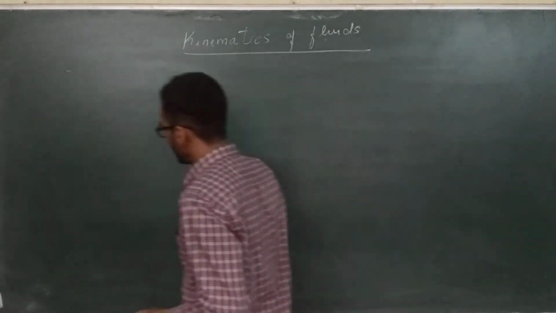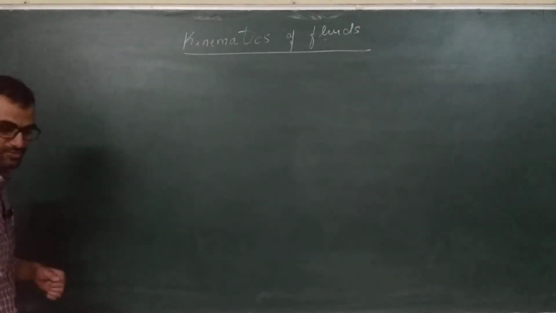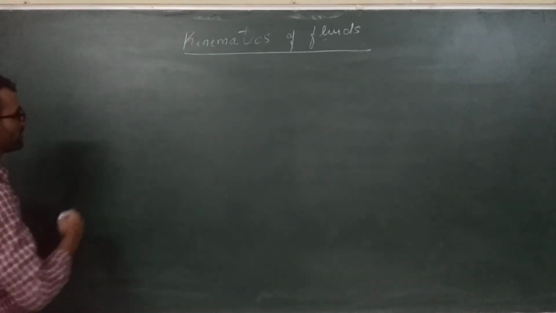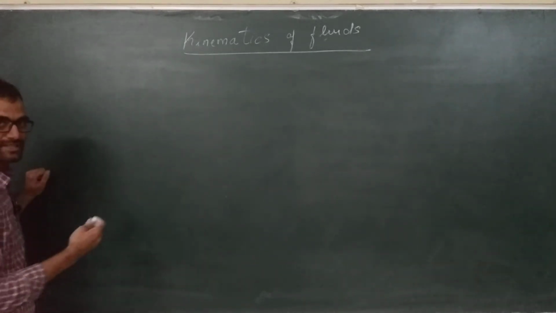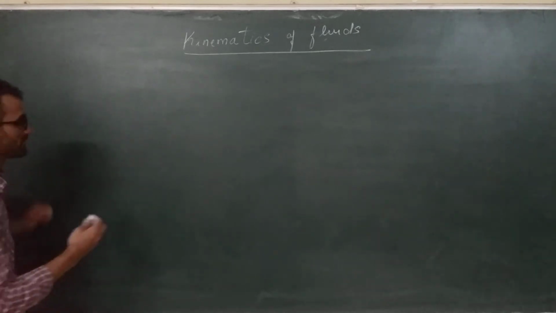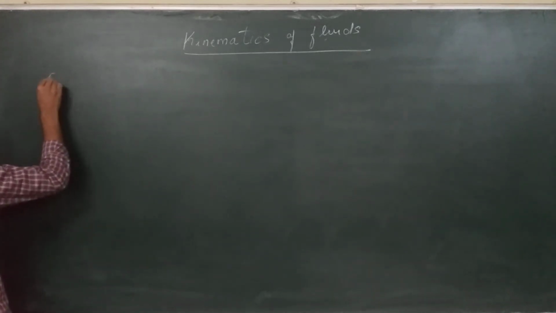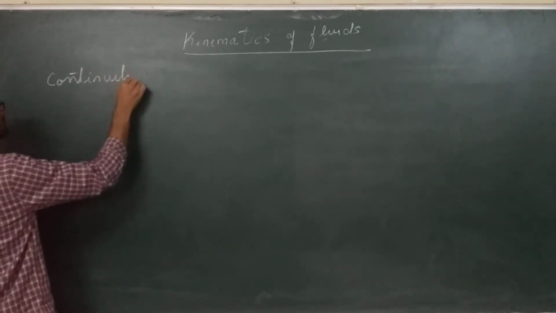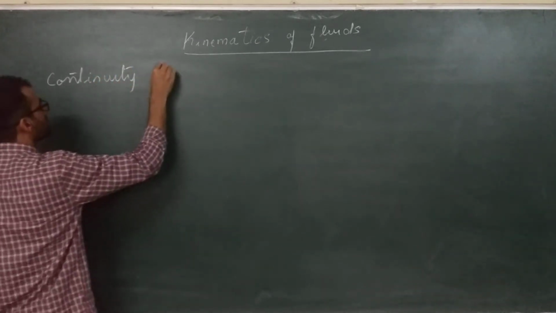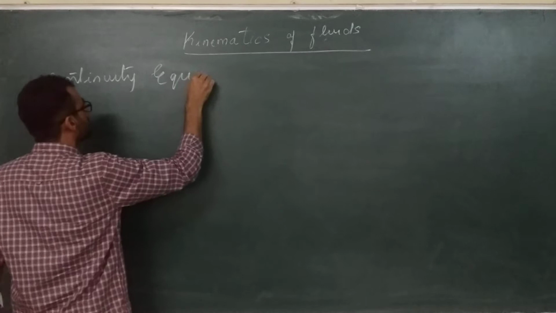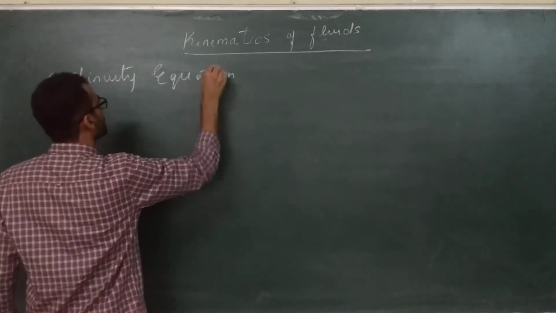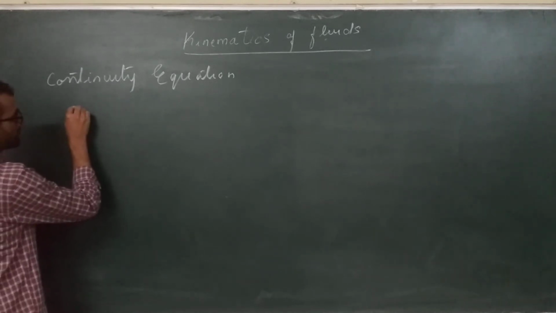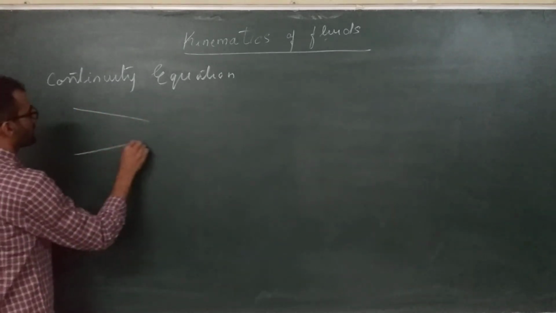The expression of continuity equation in differential form we are going to derive as we move ahead. Right now we'll just see how to apply the continuity equations in various scenarios. It's a simplified approach. So let us say we have a pipe, a tapering cross-sectional pipe.